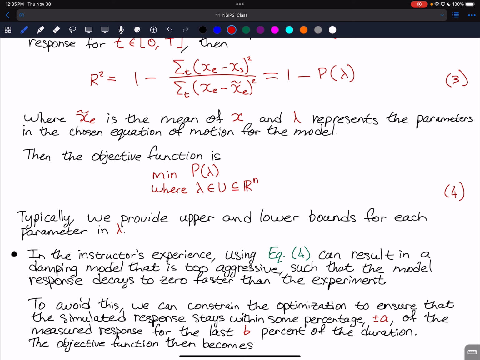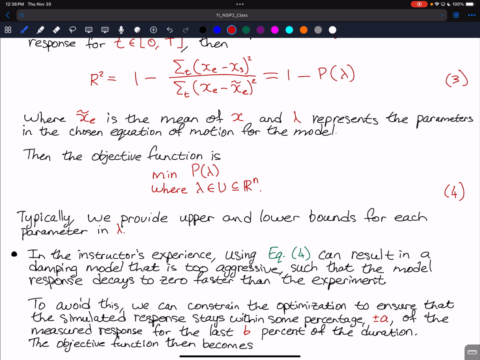Generally, we're going to provide some kind of upper and lower bound on the parameters in the system, and those tend to come from experience and having some idea of what you're doing with the system. Again, this is an approach that works really well when you have insight into the physics already.